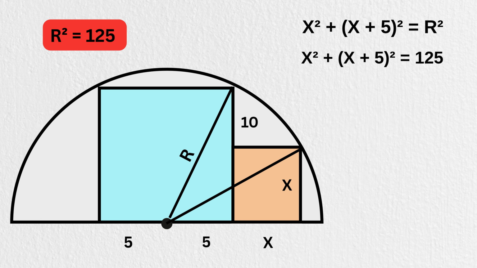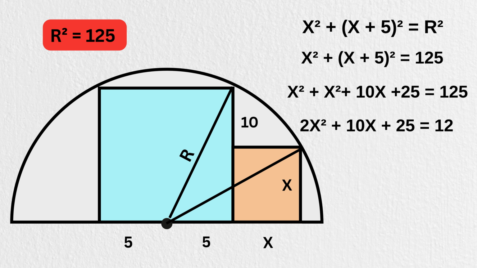This gives x squared plus x squared plus 10x plus 25 is equal to 125. We get 2x squared plus 10x plus 25 is equal to 125. Now, subtracting 125 from both sides, we get 2x squared plus 10x minus 100 is equal to 0.